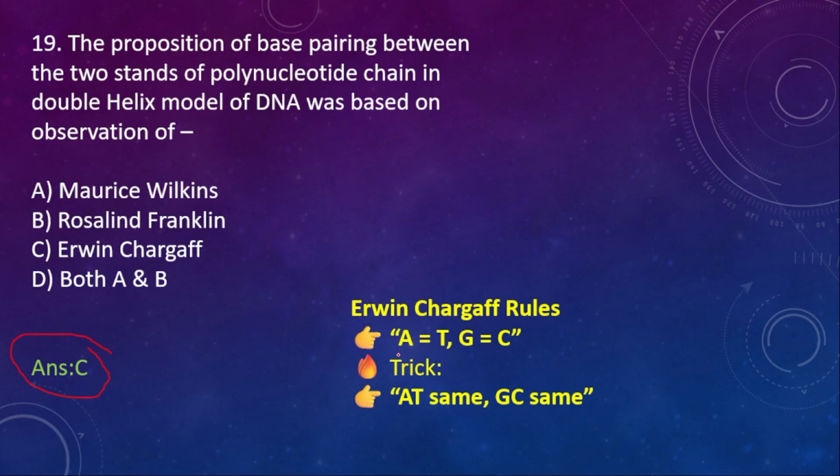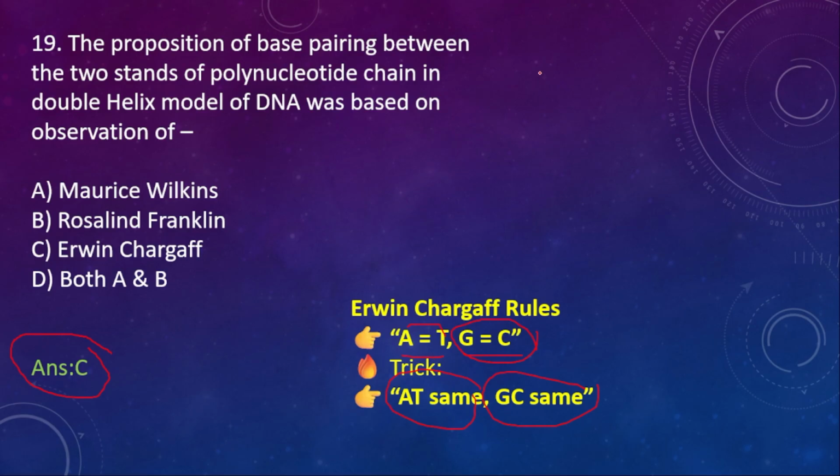Always adenine pairs with thymine, and guanine pairs with cytosine. Means purine pairs with pyrimidine.